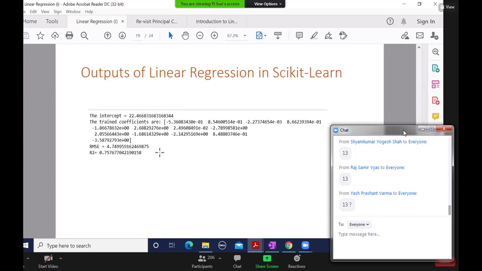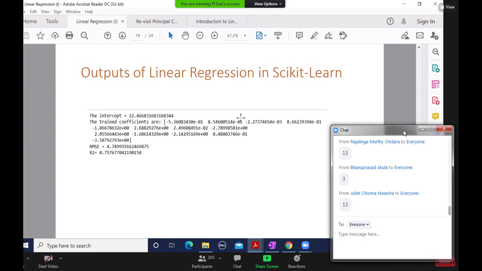So we have a function f, and inside we have x. X is a data matrix. And then equal to, we should have the intercept. The intercept is shown here, to 2 decimal places: 22.47. Next, we should have plus A1 X1 plus A2 X2, up to how many features in total?